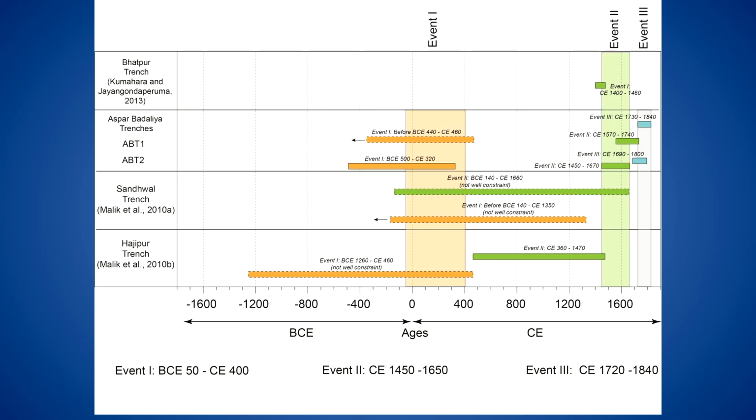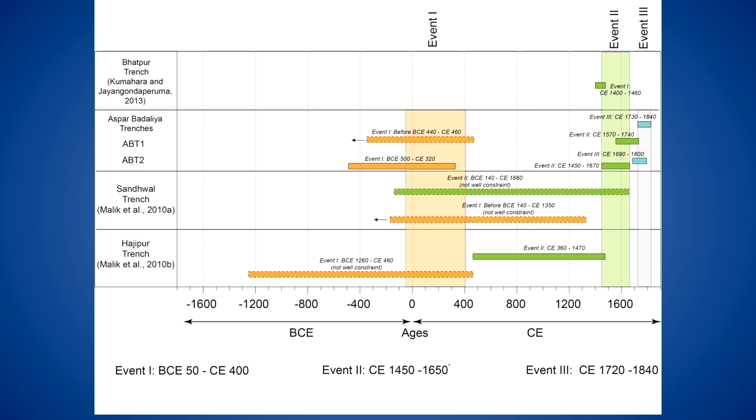Okay. And based on compiling other trenches from the nearby area where we did, what we found was that there was a comparatively much larger interval between event 1 and event 2, when we compare it with the interval between event 2 and event 3, and then we have done that analysis. Okay.